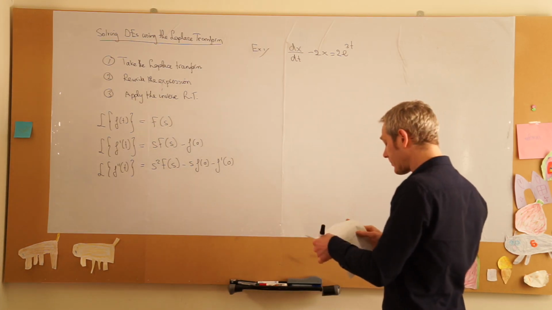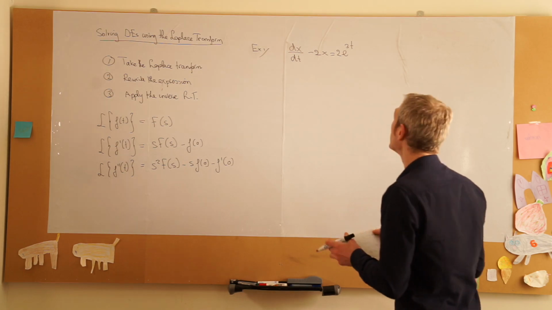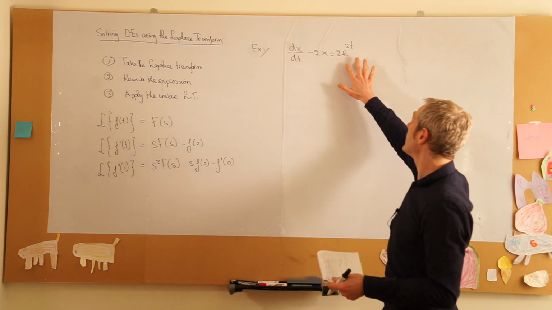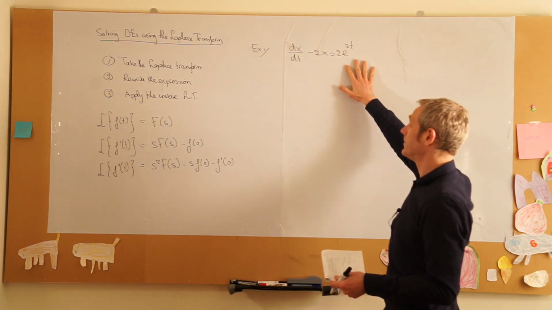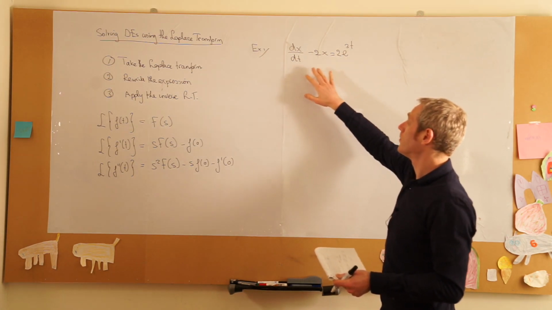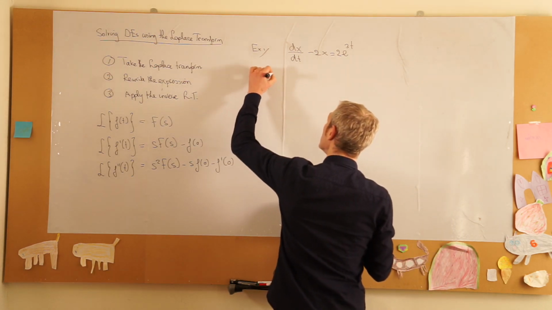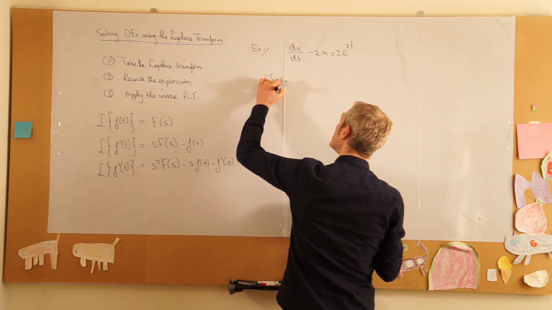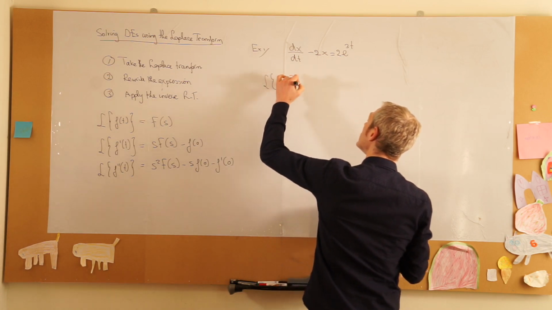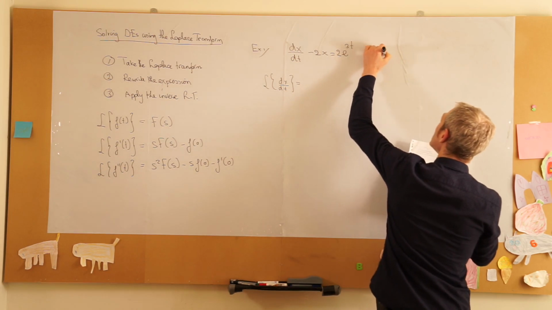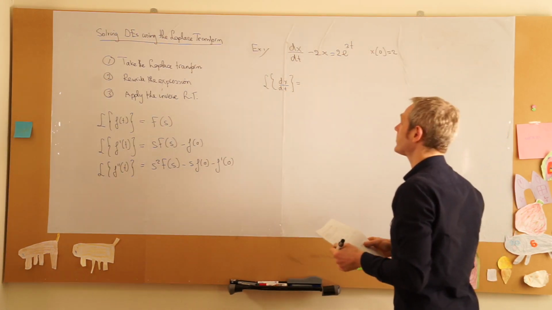Now, what we want to do is take the Laplace transform of the left side and the Laplace transform of the right side. But I'll break it down into 3 parts. If we take the Laplace transform of dx/dt, we will get, hang on, I forgot the initial condition, x(0) is equal to 2.